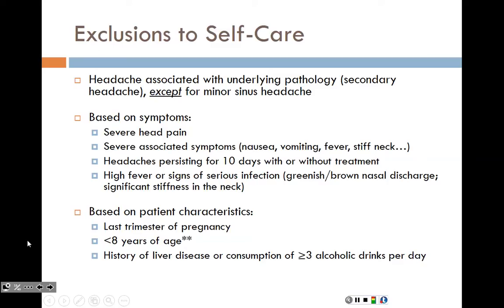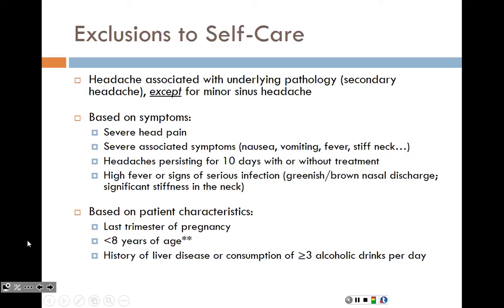This is at your discretion. So if you have a child who's 5 and their parent says they're experiencing pain, most of these products can be dosed very low, down to about 6 months. So you can recommend it, but if you're having a headache at age 8, you might want to have them see a doctor, especially if they're frequent headaches, because that just seems odd, don't you think?